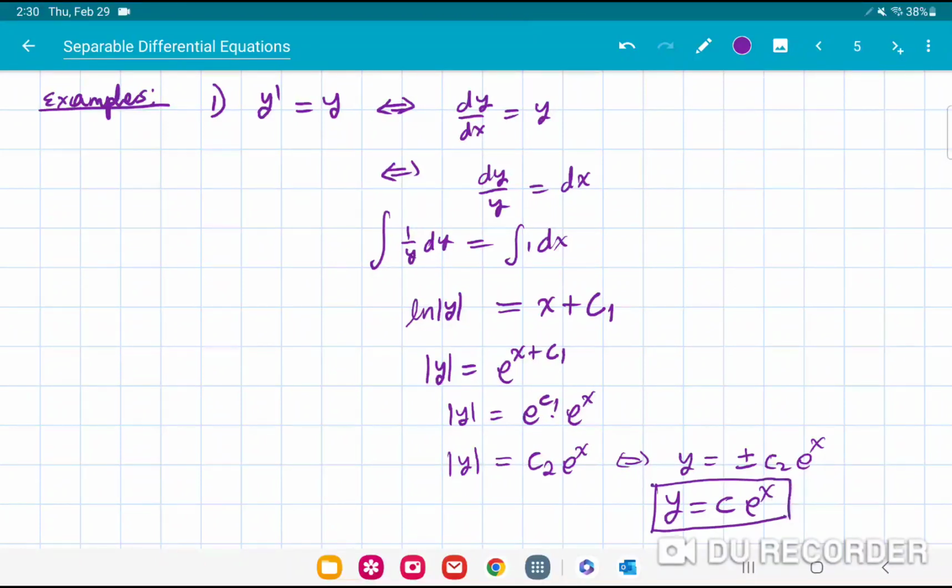If you remember, in class we looked at that one and we said that the solution to this is y equals c e to the power of x, just simply exploring possible answers. And this is just the right way of solving this differential equation, a separable differential equation. All right, let's do some more.